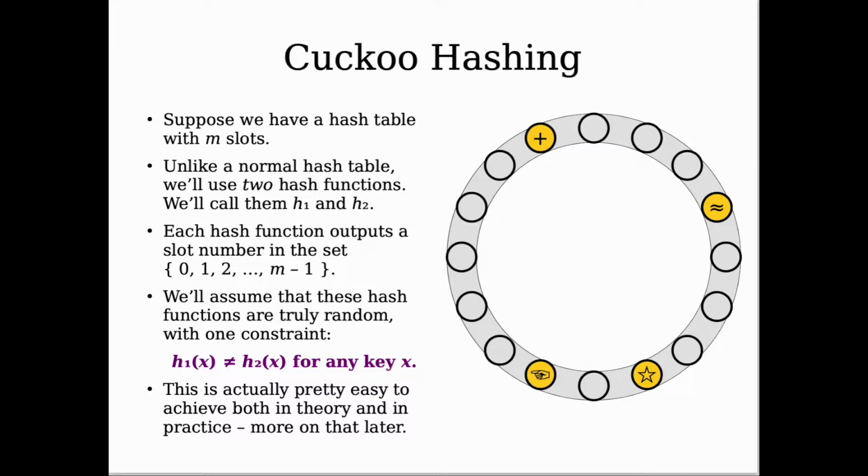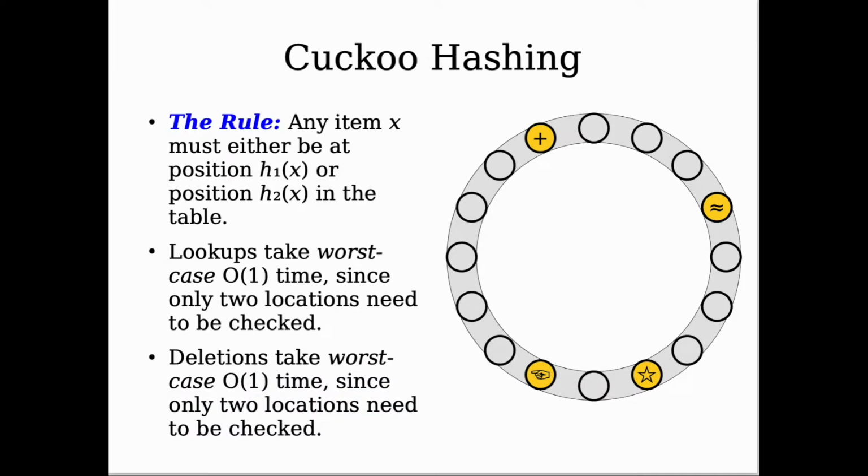We can assume that these hash functions are truly random, with no relationship at all, except we have the condition that the evaluation of the first hash function is not equal to the evaluation of the second hash function, and that is true for any key x. So given this condition, any item x or any key must be either in the evaluation of the first hash function or the second hash function.